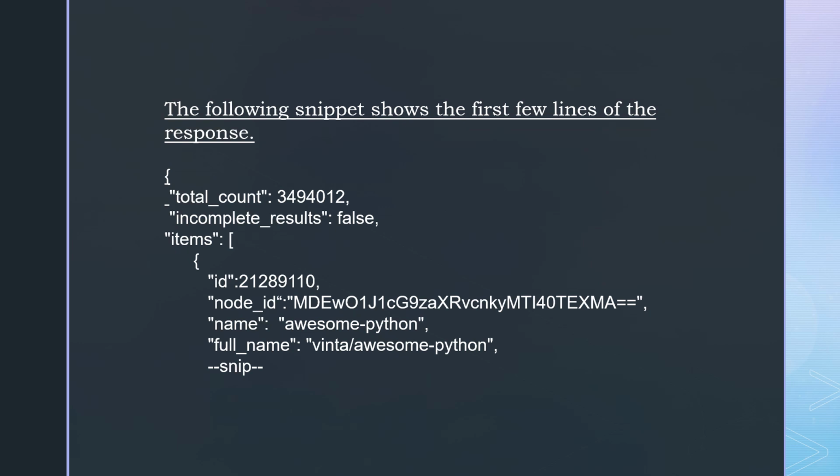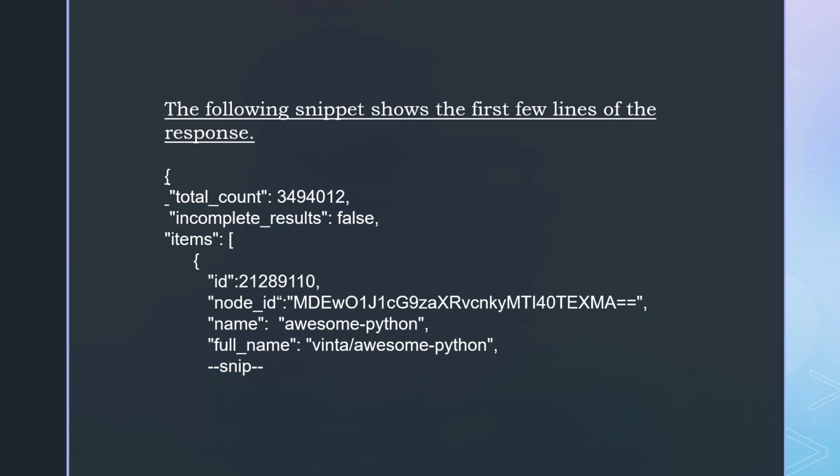You can see from the response that this URL is not primarily intended to be entered by humans because it's in a format meant to be processed by a program. GitHub found 3,494,012 Python projects as of this writing.